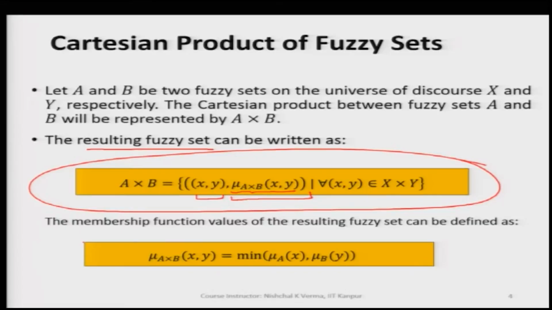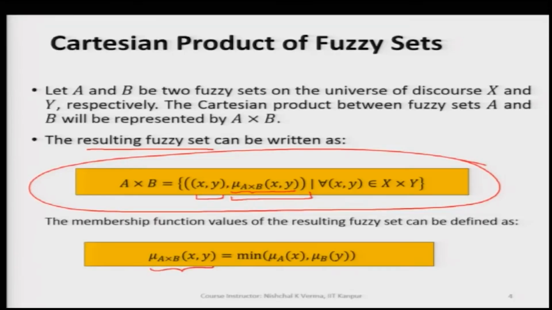Now, the membership value depends on both the generic variable values small x and small y, and this is going to be computed.